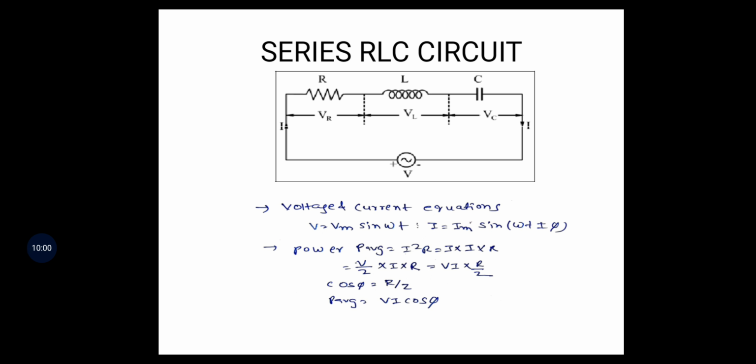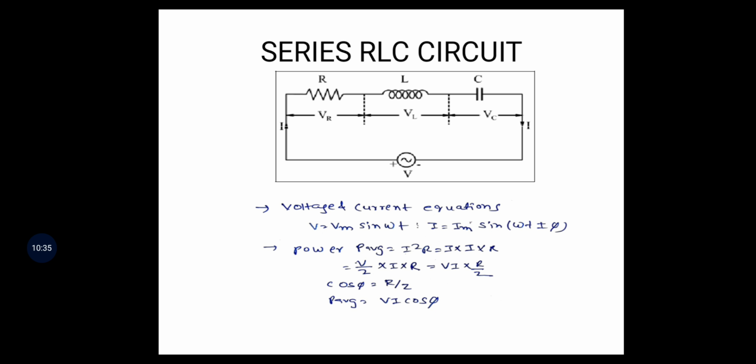P average equal to I square R. The basic formula is I square R, equal to I into I into R. Here I equal to V by Z from basic Ohm's law, so V I into R by Z. From the impedance triangle, cos phi equal to R by Z. So P average equal to V I cos phi.